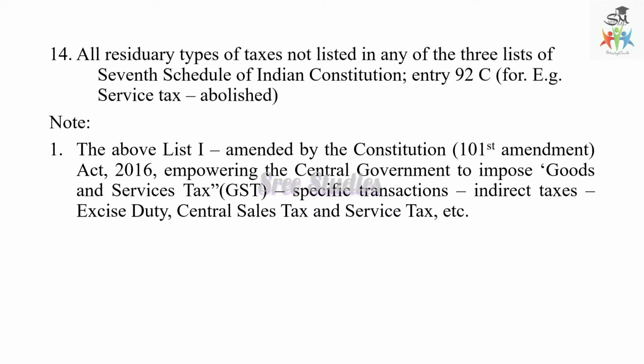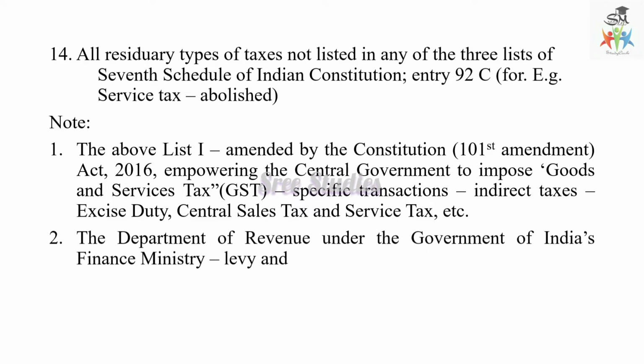So here the indirect taxes, you know, excise duty, central sales tax and service tax, everything we have taken out and we are just imposing GST now. So the Department of Revenue under the Government of India's Finance Minister is levying on the basis of their recommendation, the taxes are levied. And even the collection is the same as the union taxes.